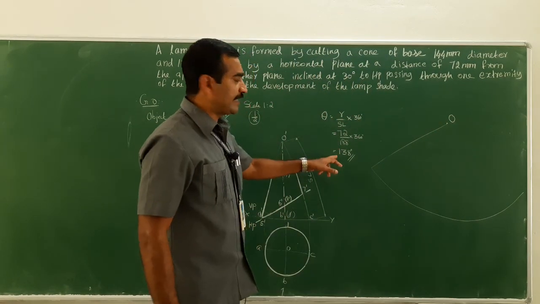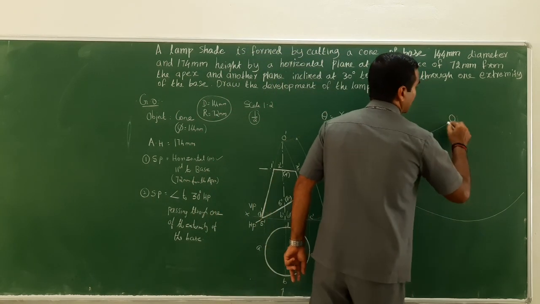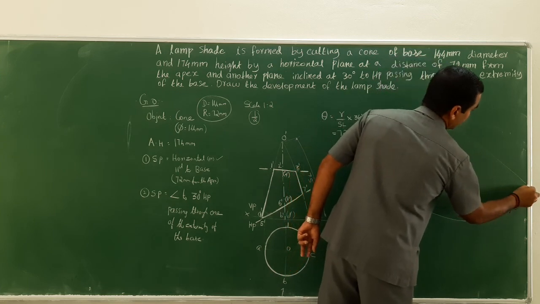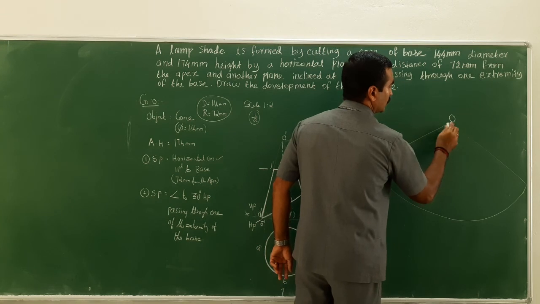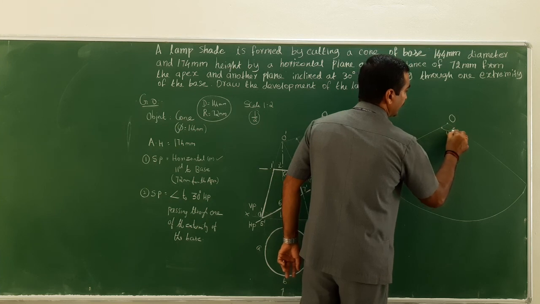So here theta is 138 degree. Therefore, keep your protractor in this manner. This would be 90, and 138 would be somewhere here. So this is 138 degree.